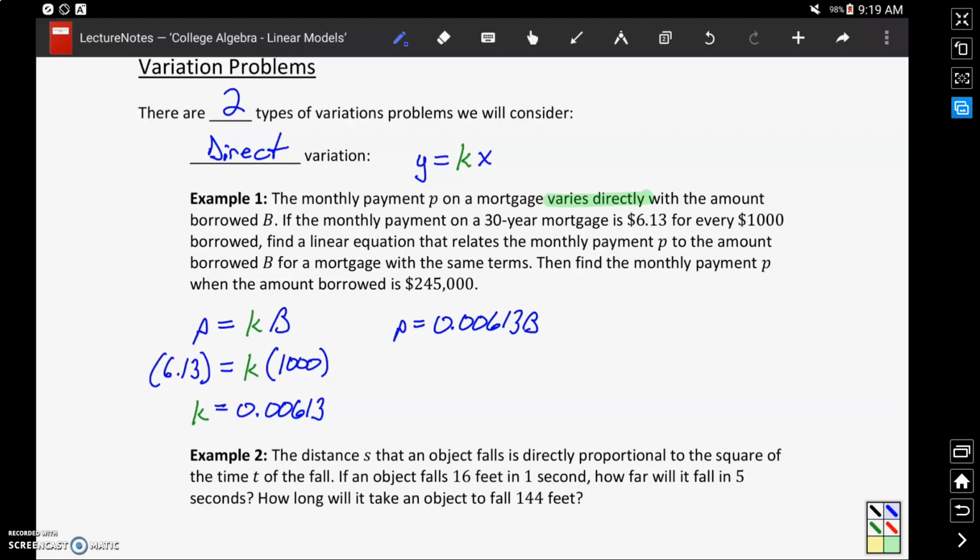In the last part, we're asked to then find the monthly payment P when the amount borrowed is $245,000. Now that we have this equation set up, we can substitute values in for either P or for B to then find the value for the remaining variable. In this case, we're given the amount borrowed.